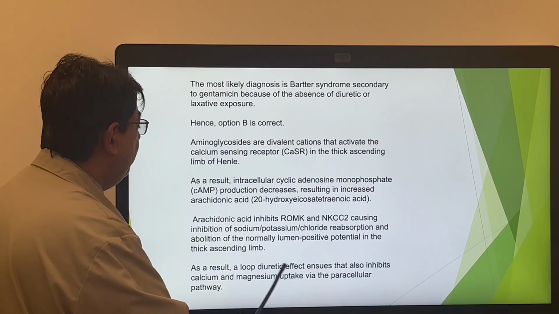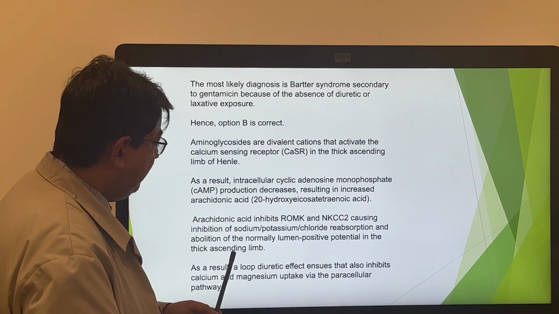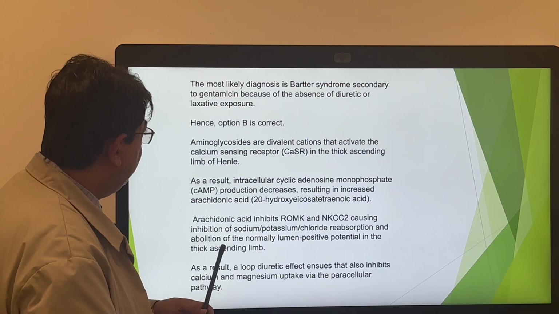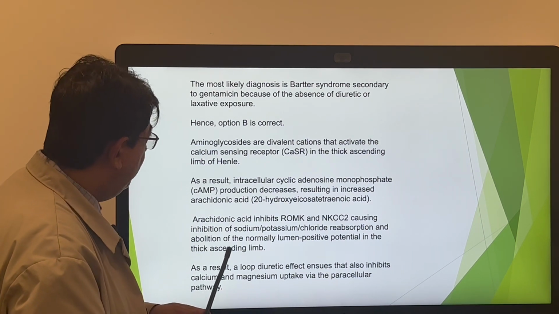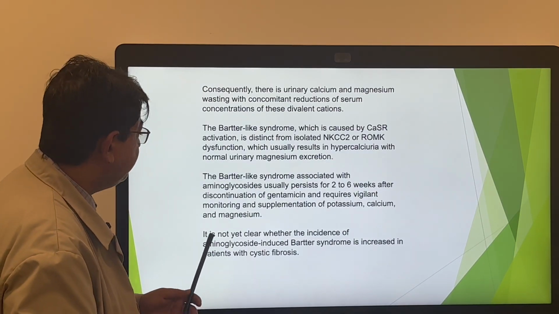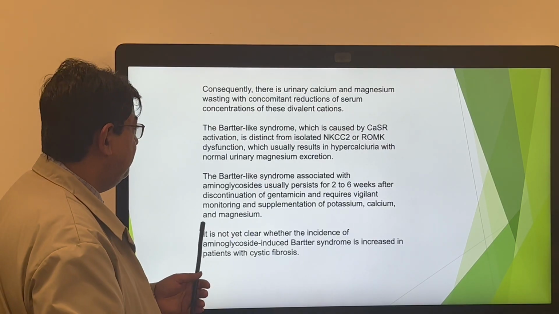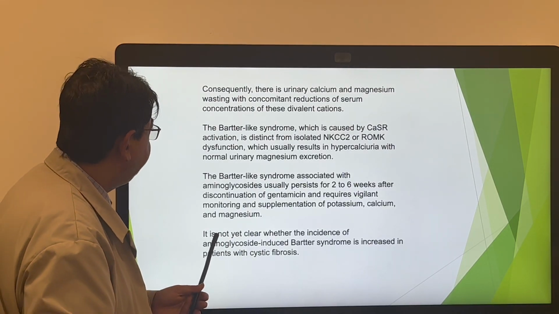As a result, a loop diuretic effect ensues that also inhibits calcium and magnesium uptake via the paracellular pathway. So this is bloop due to gentamicin. Next slide. The most important thing to remember is Bartter's and loop, and Gitelman's and thiazide.